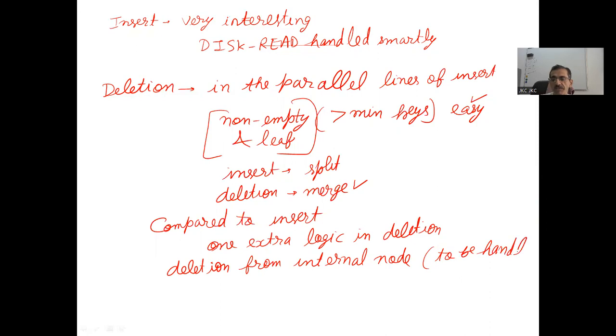In insertion, we always said insertion will happen into the leaf node, or if fullness comes, we will keep on splitting, but ultimately the insertion is done into the leaf node. But if I'm given a request to delete some data from an internal node, we have to do that, and this case also needs to be handled.